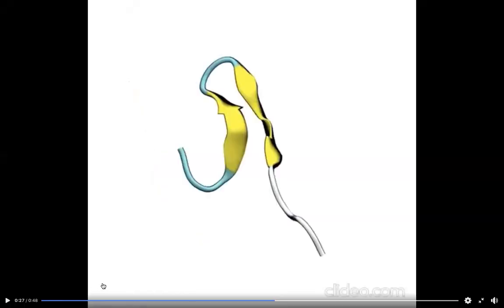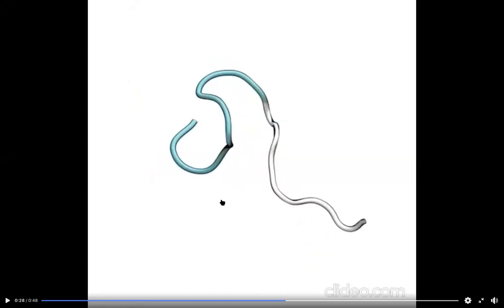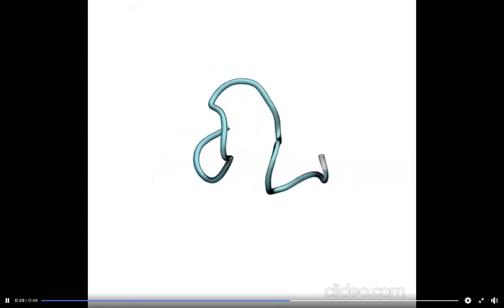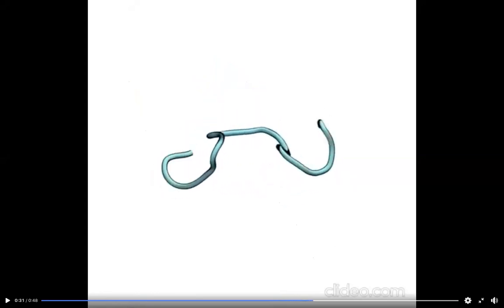You mean this one, the yellow region? Yeah. So here it is gone, right? Yeah. So you mean the flatness as in what? The yellow region was actually forming a beta sheet. If you have a beta sheet, the strands will always be parallel to each other, so in that case they will look kind of flat.